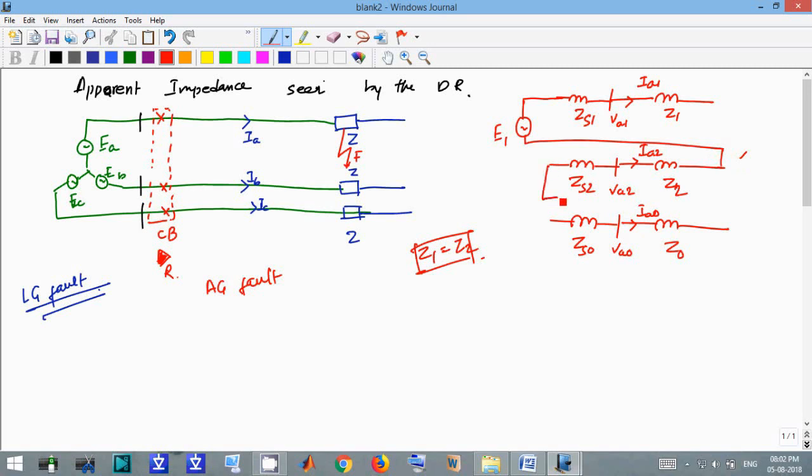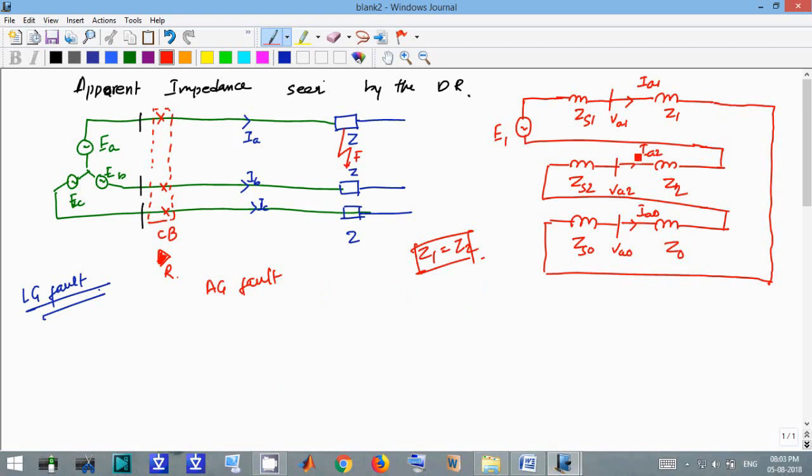Now this is like that, and this is the connection. Okay, so this is the connection for line to ground fault.